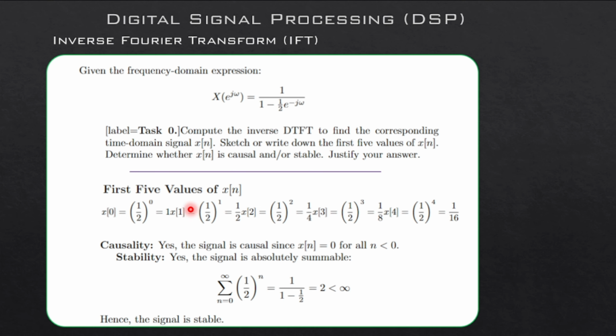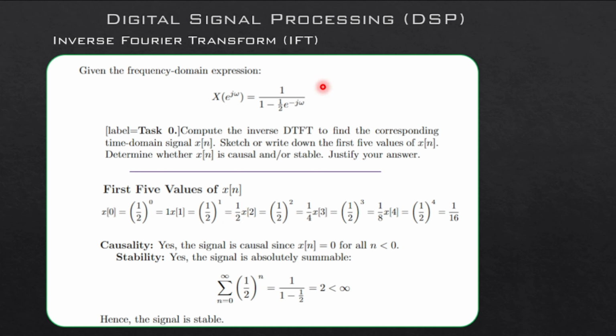All right, first 5 values according to this example. x[0] is 1/2 to the power of 0 multiplied by the unit step function, which is just to imply that this function goes from 0 to infinity, but there are no values before n equal 0. x[1] is 1/2, x[2] is 1/2 squared, x[3] is 1/2 cubed, x[4] is 1/2 to the fourth, which is 1/16.